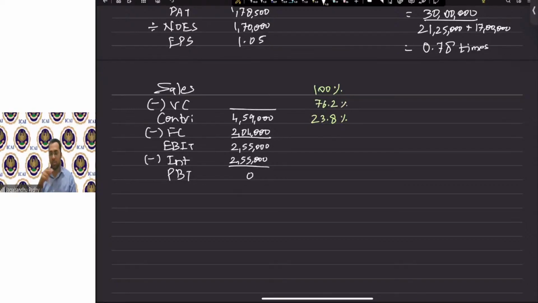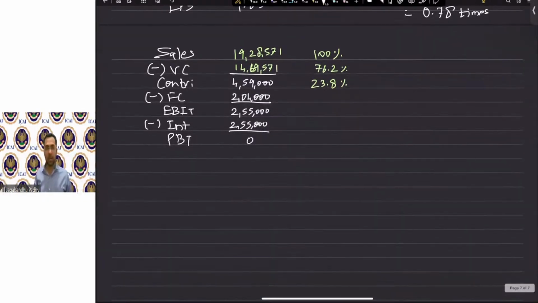If we do the reverse calculation, the cross multiplication part, we can say 4,59,000 divided by 23.8% is 19,28,571. Okay, so at a sales of 19,28,571, we find that the PBT becomes zero.